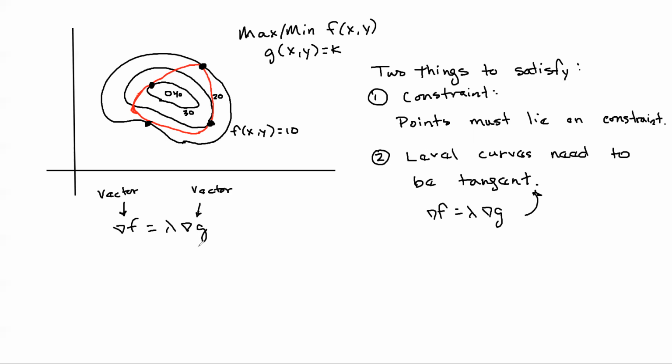We talked earlier in the semester about when vectors are scalar multiples of each other. So what this means is that gradient of f and gradient of g are parallel. If you want to list some more facts here, this is the same thing as saying gradient of f and gradient of g are parallel.